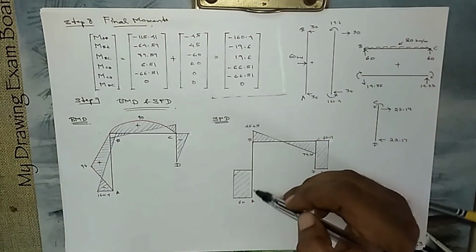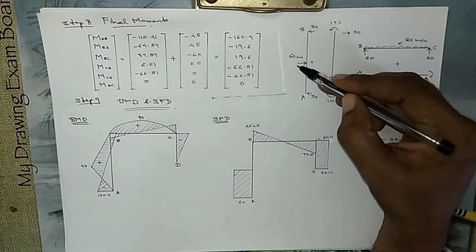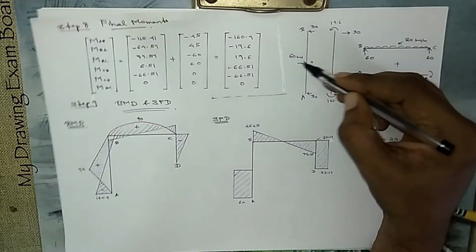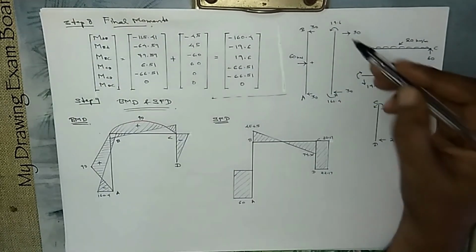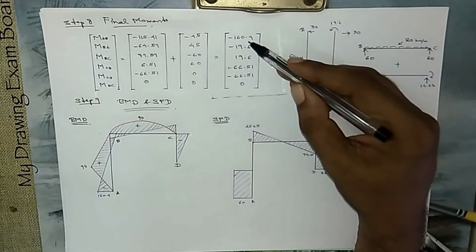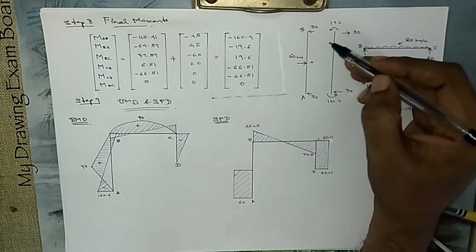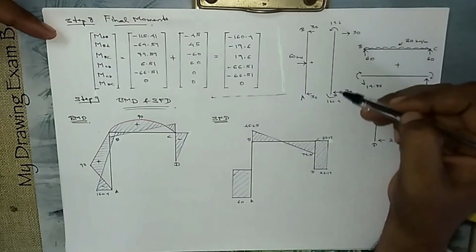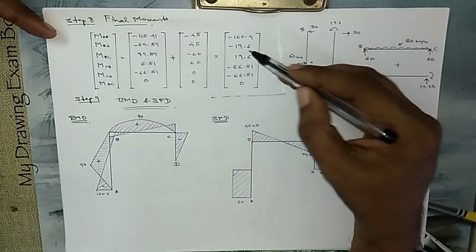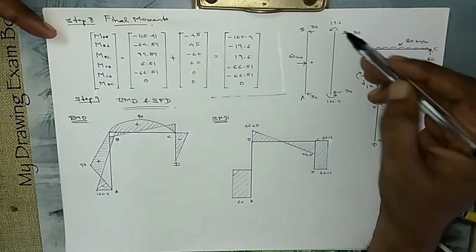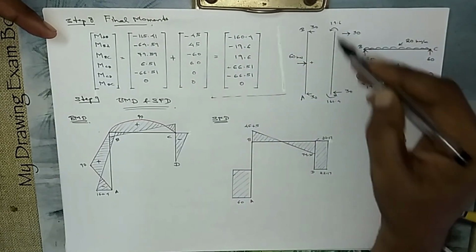I am considering member AB. I have marked the reactions due to the load, that is 60 kN. Then I mark the reactions due to this final moment. For this member AB, the final moments are 160.4 and 19.6. So this minus means it's anti-clockwise, and I'm drawing it here.